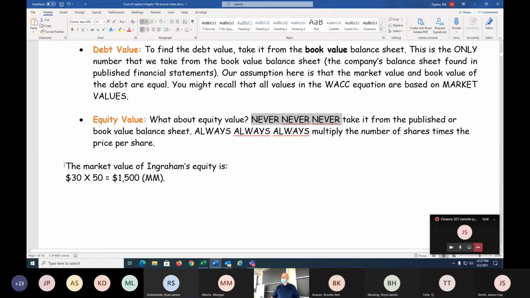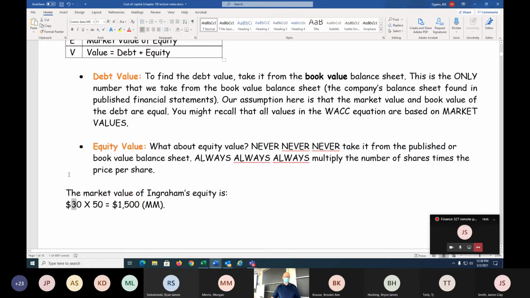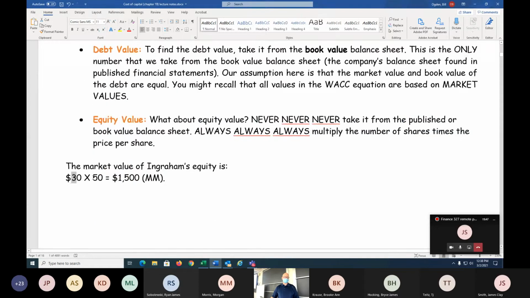So when I go into that WACC equation, I need an estimate of E. This is what I'll use. They have a $30 stock price and 50 million shares. So we're going to use 1,500 as their market value.